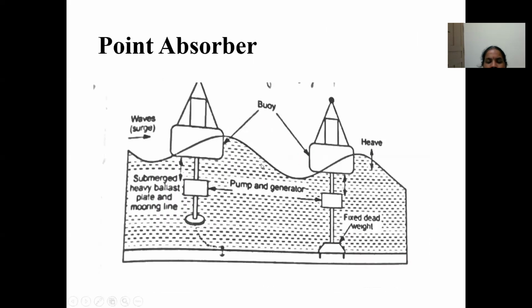be produced. Whereas the point absorber will be floating on the sea level, and based on the movement of the tide, the pump and generator will be flowed, submerged with a heavy ballast plate and mooring line, and it will be fixed through a dead weight at the bottom of the sea.